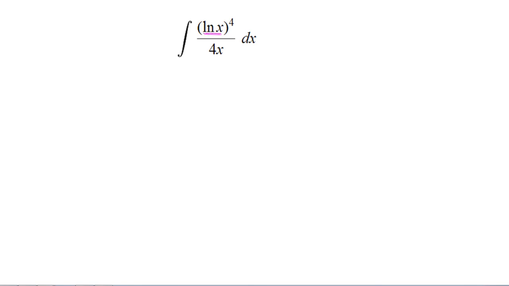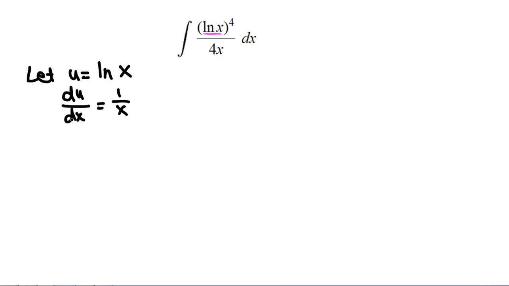Let's write it this way: let u be natural log of x. And then we want to convert dx in terms of du. For that, we take the derivative with respect to x. So du over dx, the derivative of natural log of x, is 1 over x.